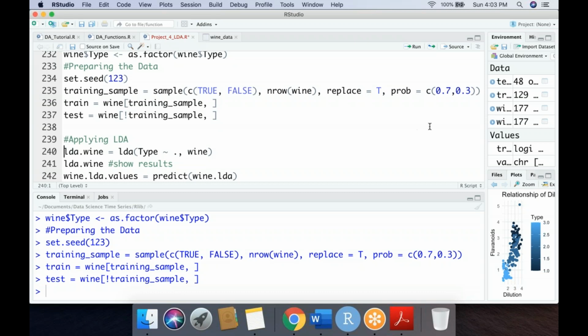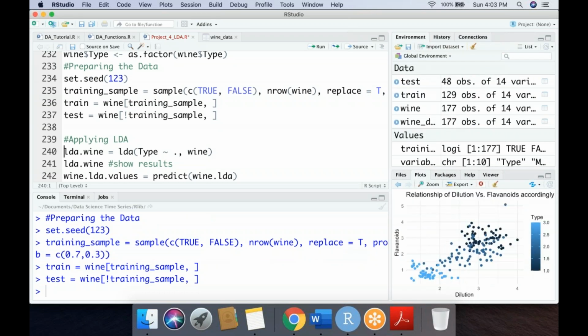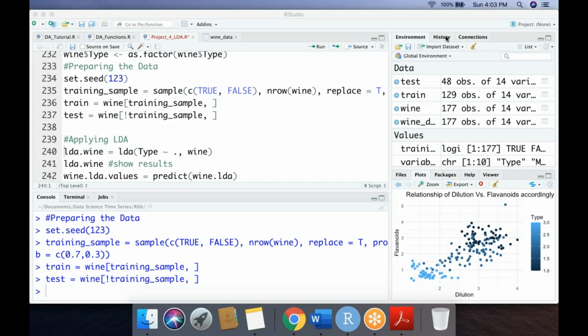I think our training data and test data is ready. Everybody? Yes, for me it's done. Shilpi has also confirmed, and Achal has also confirmed.